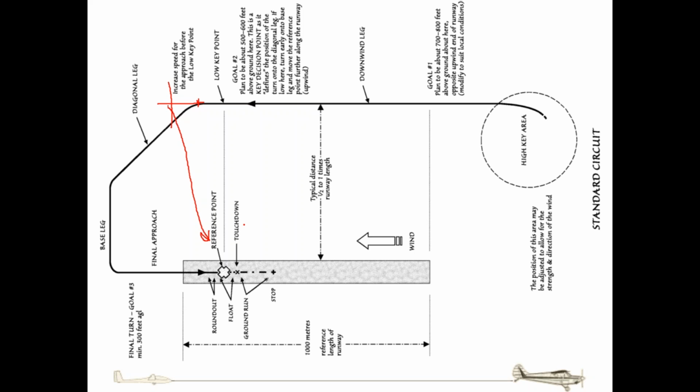They looked at the GPS traces of high-time, very experienced pilots doing landouts, and they noticed they were cutting off the corner of the circuit. When asked why, they said it was so they could keep an eye on the runway, because when I turn this way, with my eye right here, I've got a clear view of that reference point. When you get to this point in the circuit, we're starting to look right down the wing at the reference point. We make that next turn.